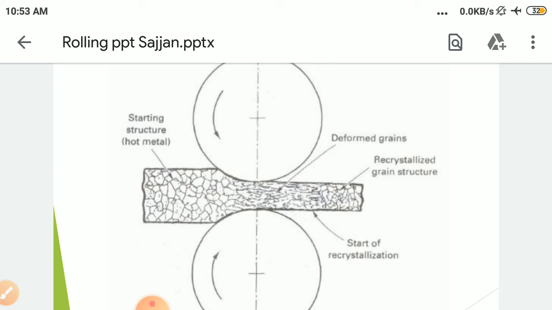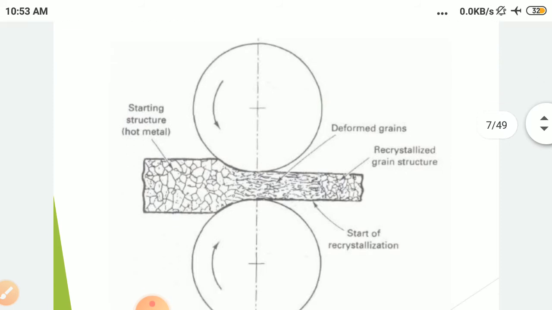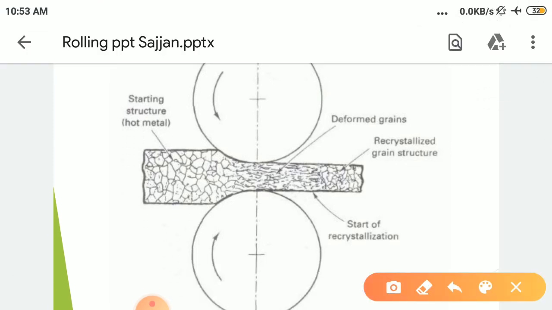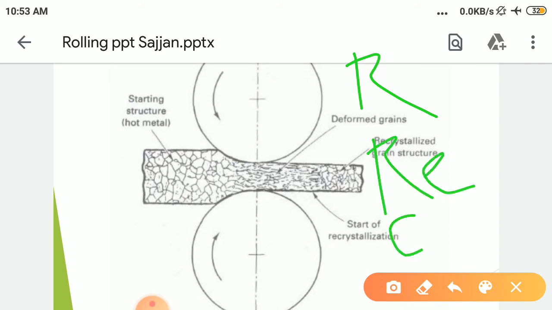The first stage is recovery, the second one is recrystallization, and the third one is grain growth. So all these 3 steps will follow after the rolling process.